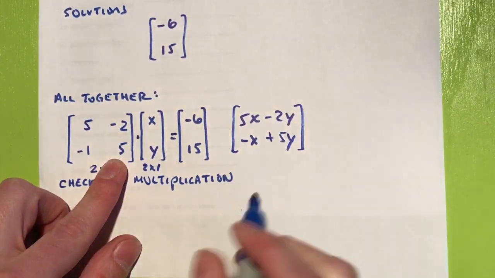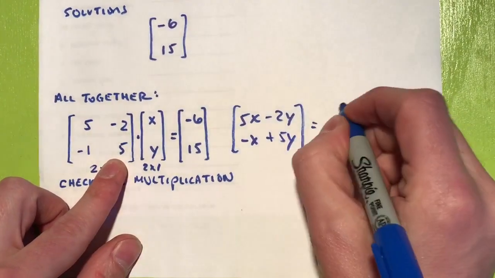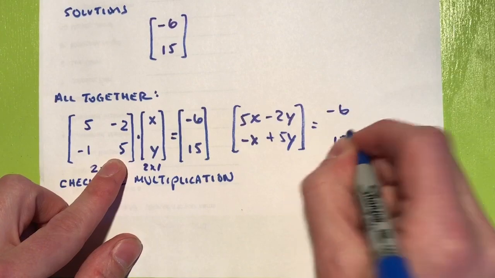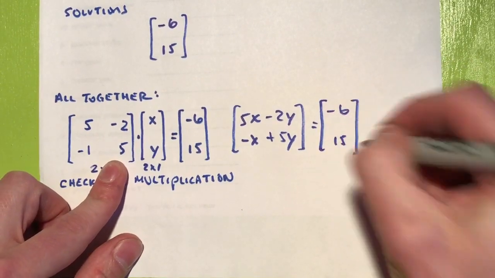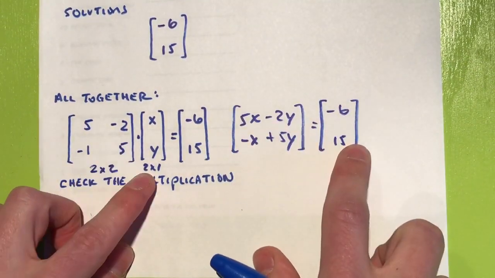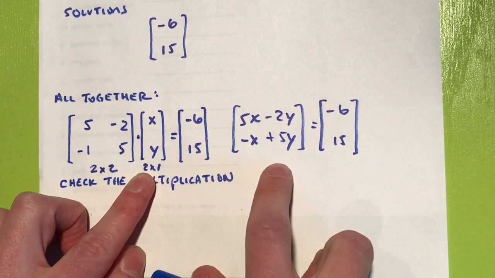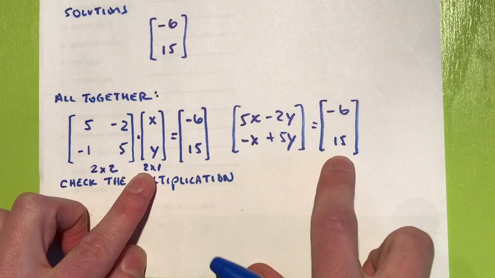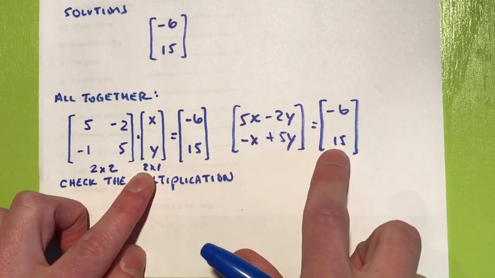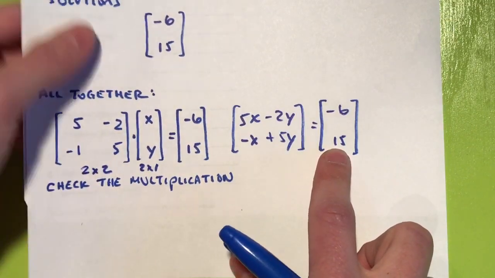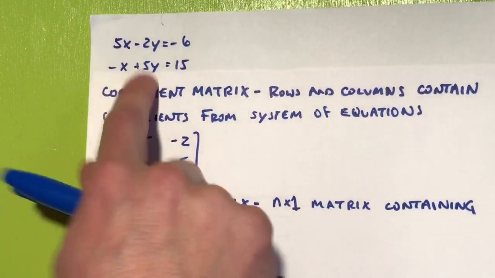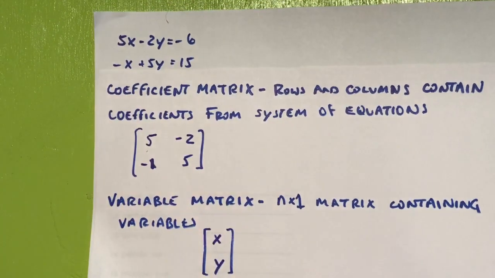If we do the multiplication, that equals our solution matrix. And as we know from past experiences, two matrices are equal whenever we have the same dimensions, 2 by 1, as well as the corresponding elements match, which connects back to our initial system.